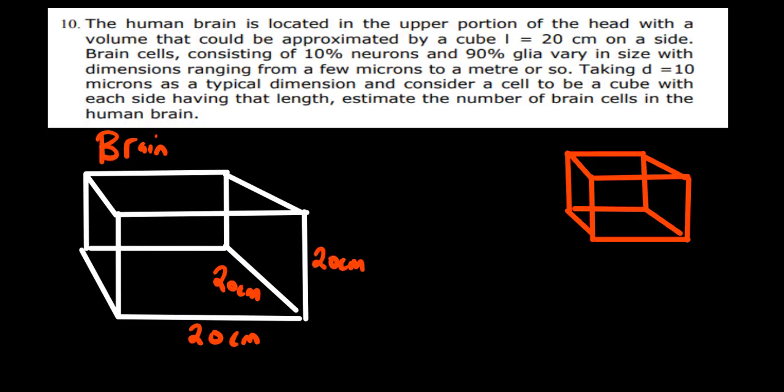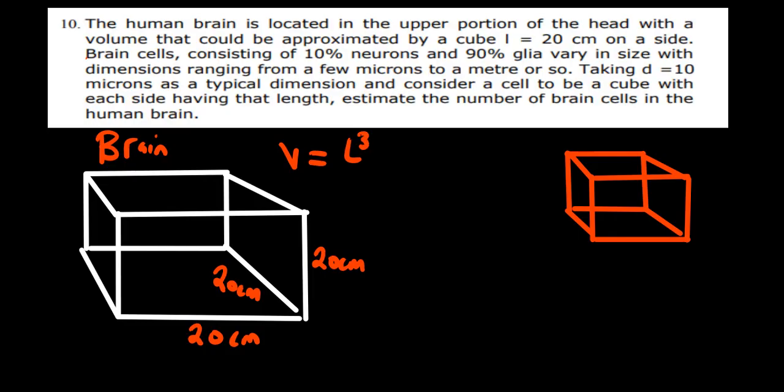So we are saying this is the volume, and we can find it in advance. The volume for the human brain, because it's the same unit, is just L to the power 3, L cubed.